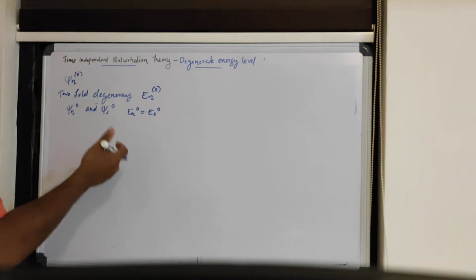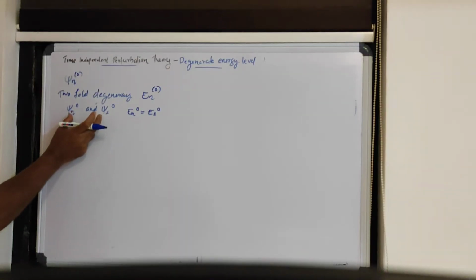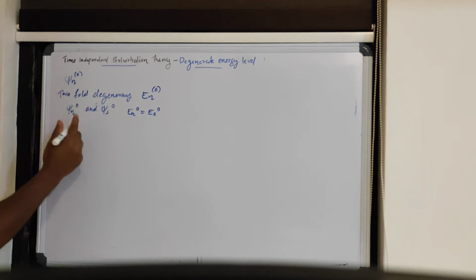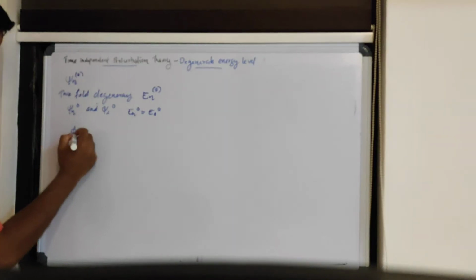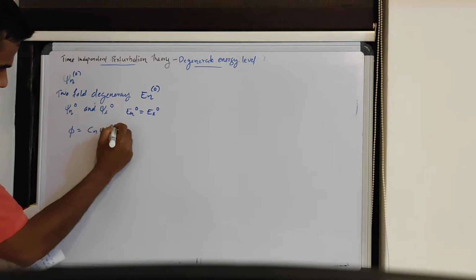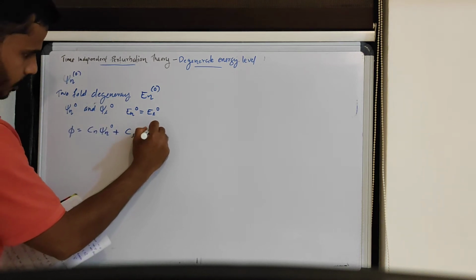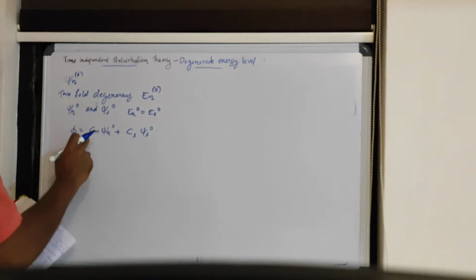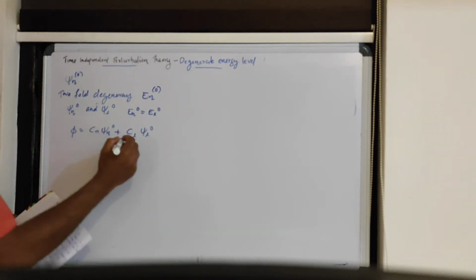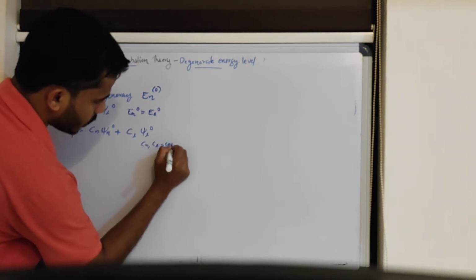As the first step, I take a wave function that is a linear combination of these two states: Cn psi n0 plus Cl psi l0. Here Cn and Cl are constant coefficients.